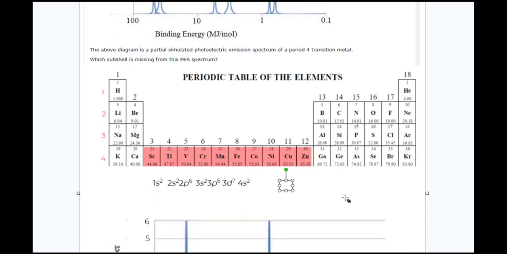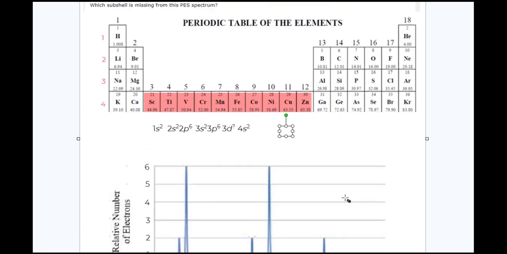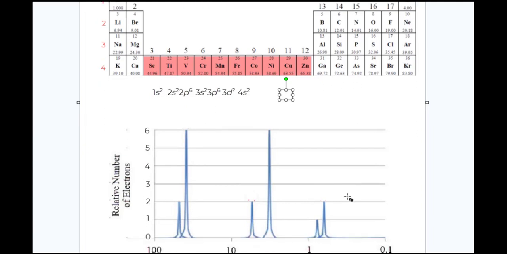A photoelectron spectrum, as I said, is a diagram of these subshells. And on this diagram, we've got the highest binding energy, where the electrons are pulled in with the greatest force, to the left.